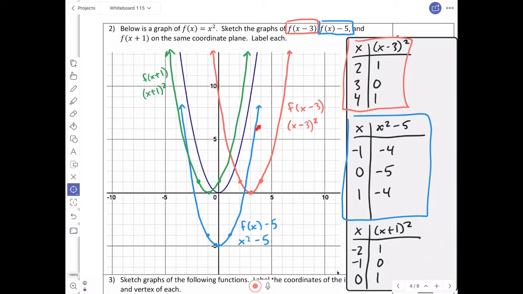So all of the y values moved down. The whole graph shifted down 5. And here, when I use x values 3 larger, I get the same outputs as in f of x. So that means the graph moved to the right 3 spaces. That's number 2.